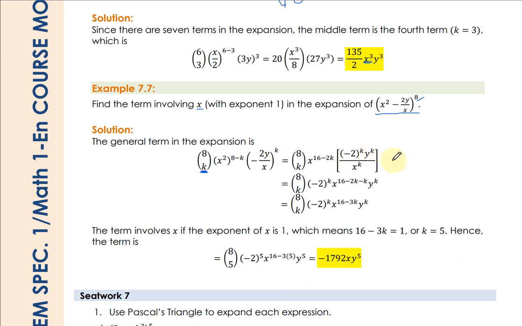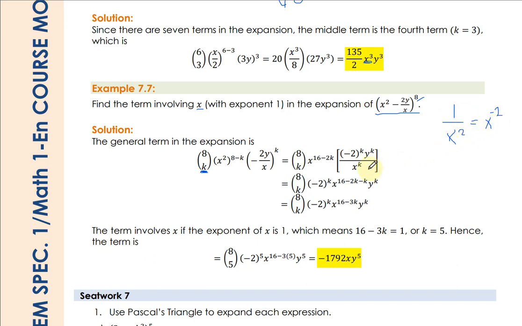I-distribute lang nato. Next is, di ba, if you have 1 over x squared and gusto nimo ipasaka ni si x squared sa numerator, then you just have to negate the exponent. So mo nang may mo na siyang x to the negative 2. So these are just equal.